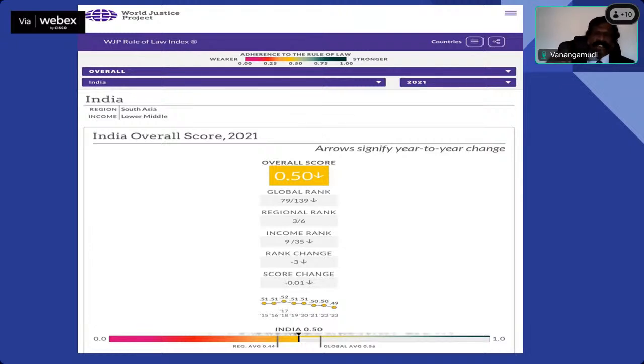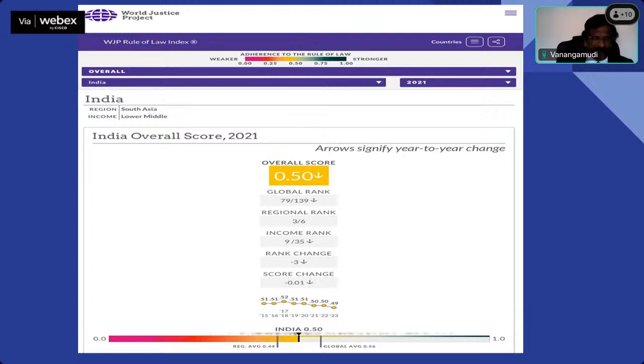It is the World Justice Project. It goes this way. 8 categories they have selected. It is divided into global rank. India in the global rank overall is 79 out of 139. In the region, out of 6, it is 3.